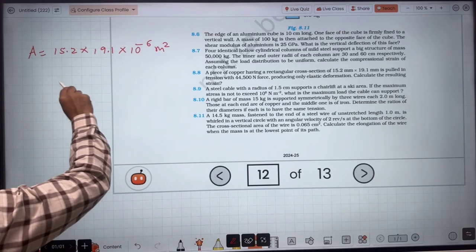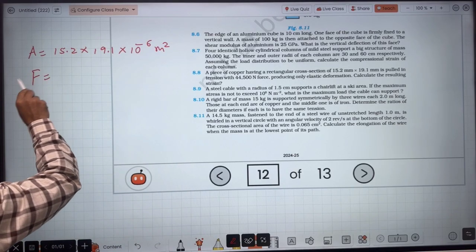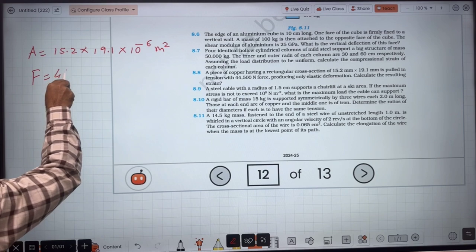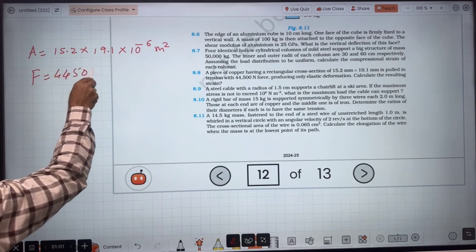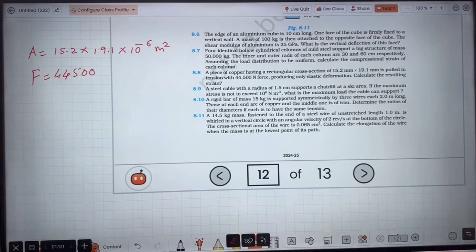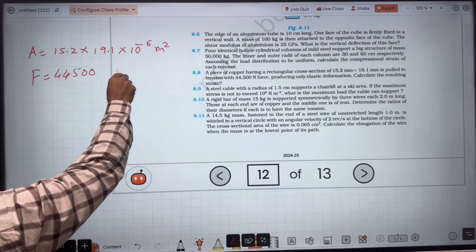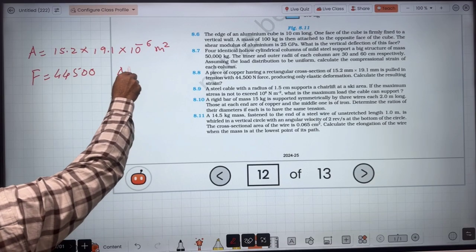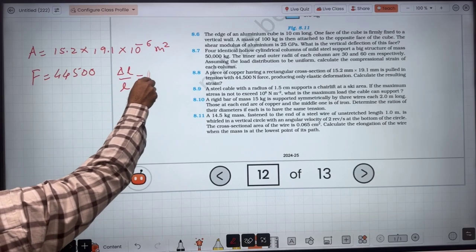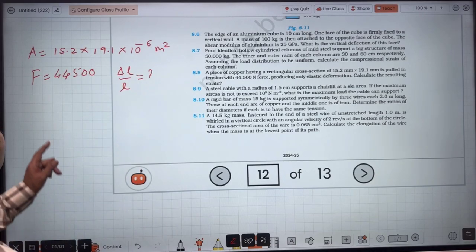This is area. Pulled with tension means force is given as 44500. Producing only elastic deformation. Calculate the resulting strain. So strain means delta L upon L is the question mark.